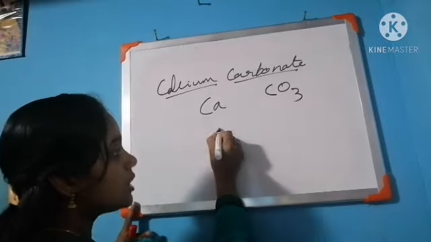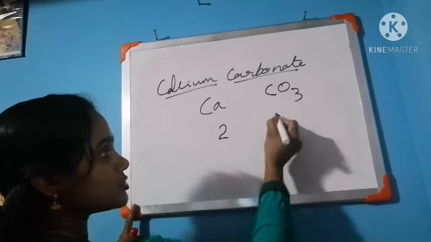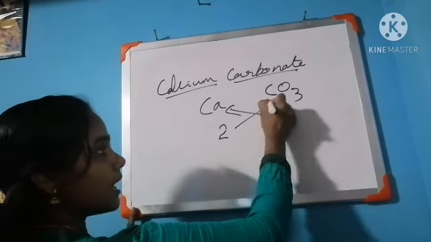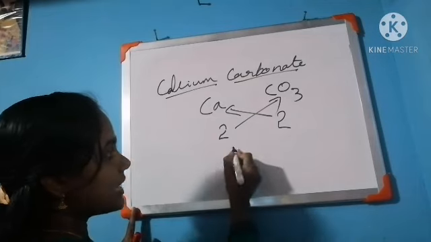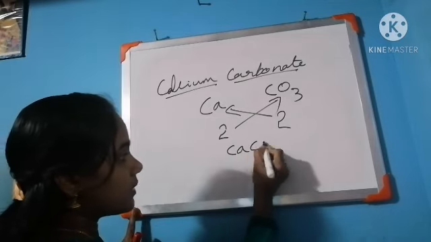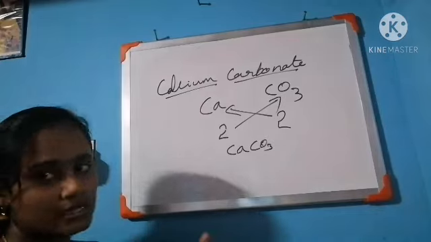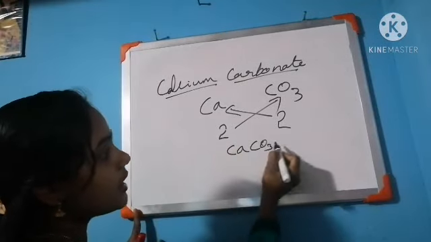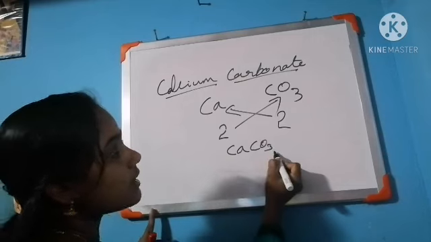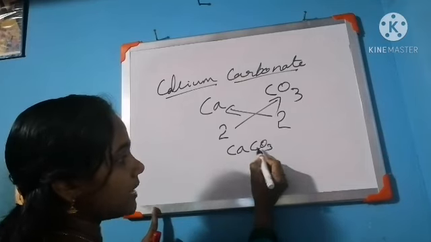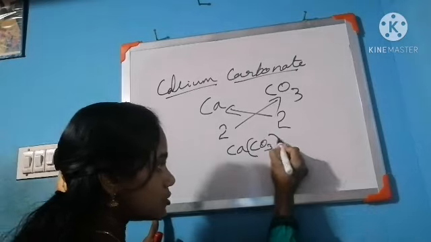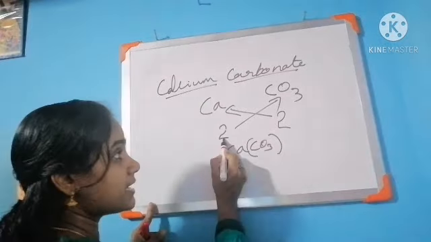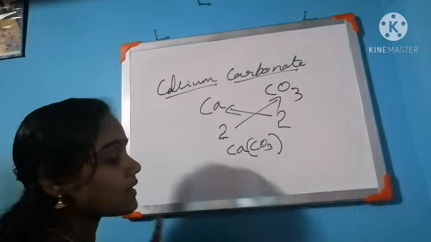Calcium valency 2 goes under the subscript of carbonate, so first put the carbonate in a bracket, because the calcium valency is needed for the carbon and oxygen together.